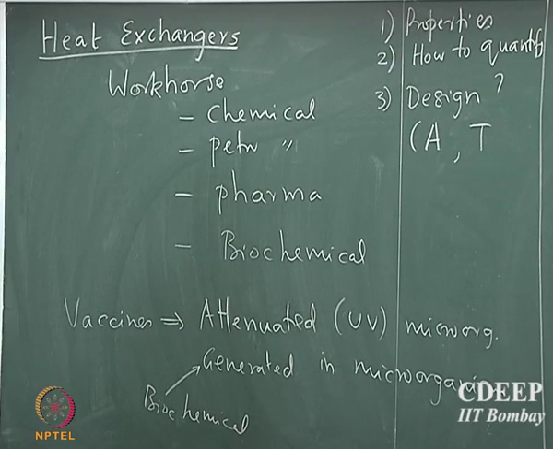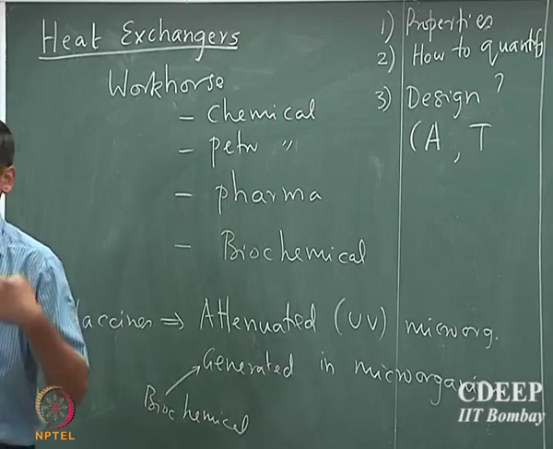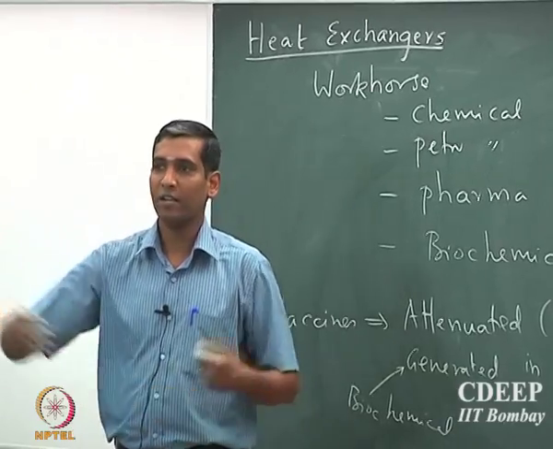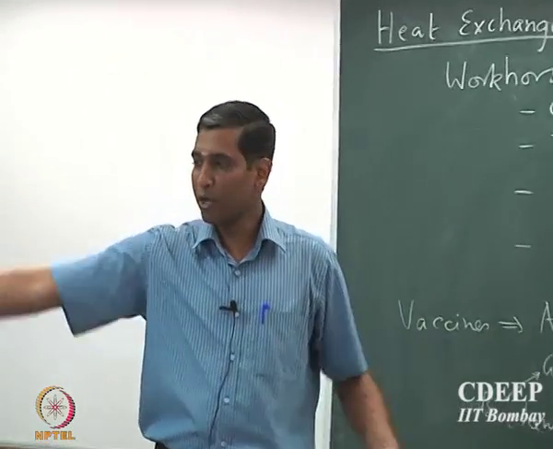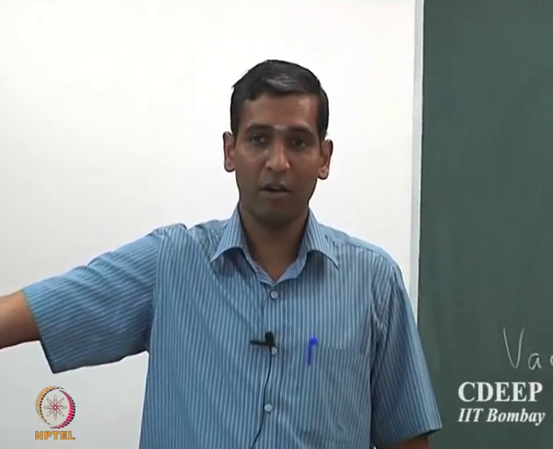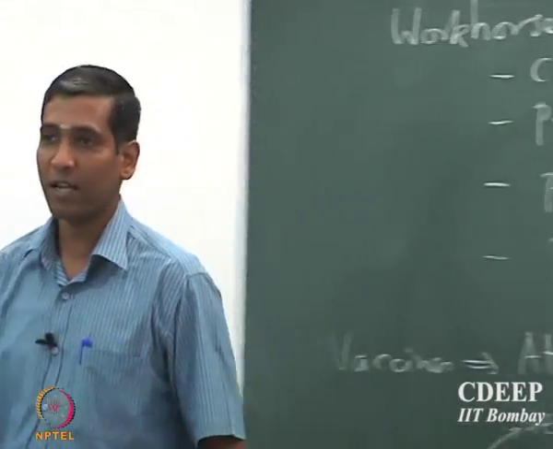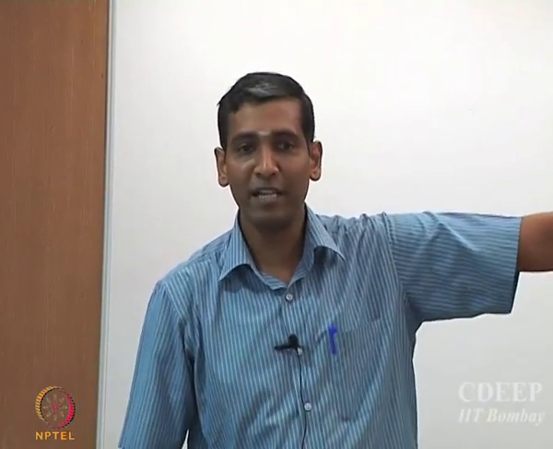Like you could have a question that, okay, here is my fluid which is entering the heat exchanger at a certain temperature, and here is the area of the heat exchanger, and I want to know what will be the outlet temperature. Those kinds of questions we will try to answer in the next few lectures, and I will show you different methods that can be used for estimating these parameters.